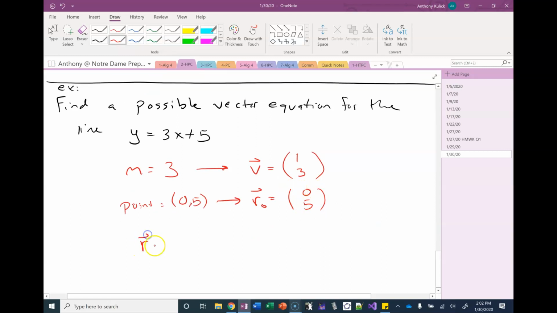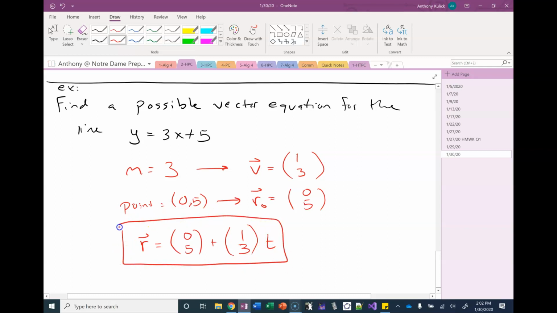So now I can just write my vector equation. R equals R naught plus V times T. Everybody happy there?